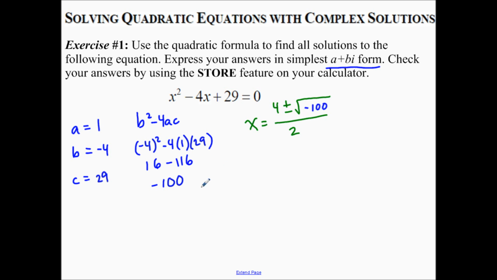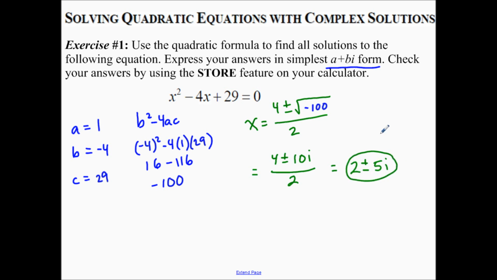So that just drops right in place of the discriminant in the quadratic formula. Conveniently enough, we can break down the square root of -100 using i. So I'm going to write it as 4 plus or minus 10i, all over 2. Well, each term is divisible by 2, so I'm going to say my final answer is 2 plus or minus 5i. That's the solution set right there.